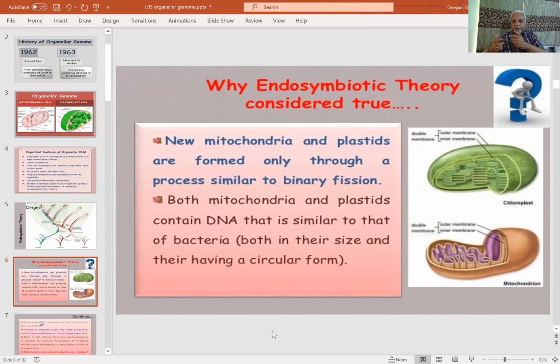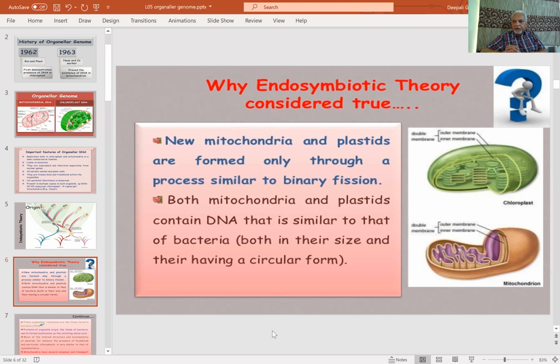That's how bacteria divide, just by fission. So both mitochondria and chloroplast are formed by binary fission.